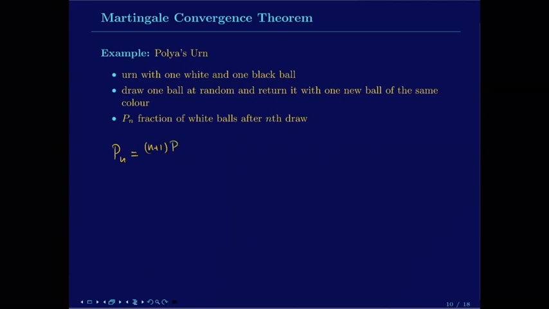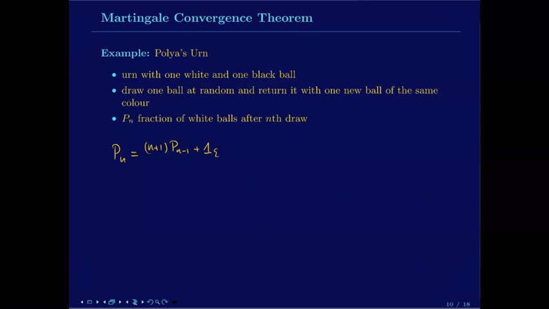So if we multiply Pn minus 1 by n plus 1, we get exactly the number of white balls in the urn. So that is the situation before the nth draw. Then a ball is drawn and put back together with a ball of the same color. So we have plus 1 if a white ball was drawn.